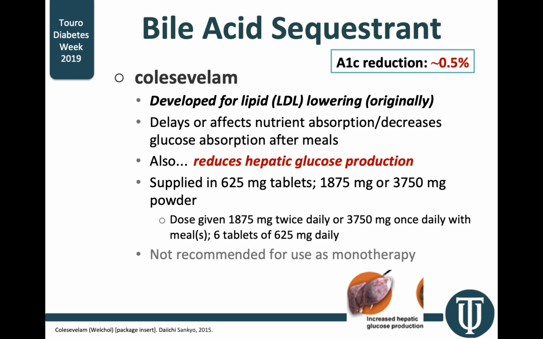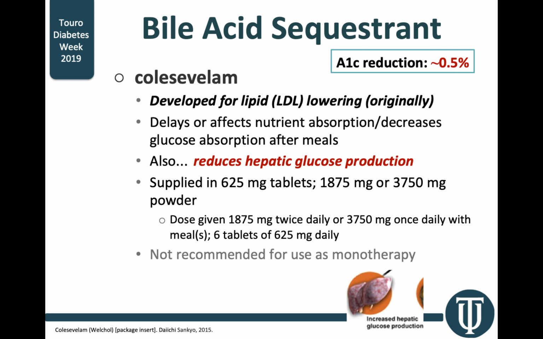As I mentioned earlier, there are different forms of this medication. You will see tablets and you will see powder. It's kind of brutal for patients to take this medication because the pills are really, really big. If you choose the tablet form, they have to take 6 tablets a day. If they don't want that, then they can do the powder form, and they come in 2 strengths.